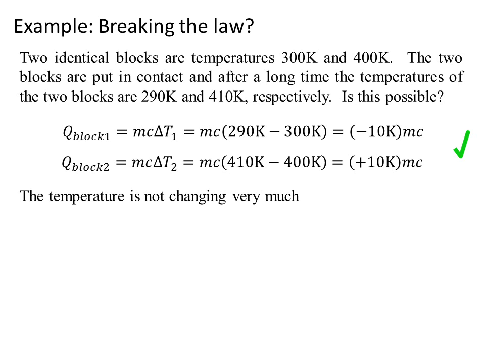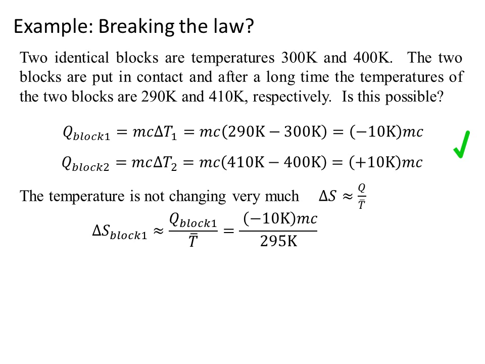The temperature is not changing very much, so we can use our approximation for the change in entropy, so that delta S is approximately equal to the heat divided by the average temperature. Let's look at the change in entropy of block 1. Well, that's the heat that we just calculated above for block 1 divided by the average temperature, which is minus 10 K times MC divided by 295 K, the average temperature, which gives us minus 10 over 295 times MC.